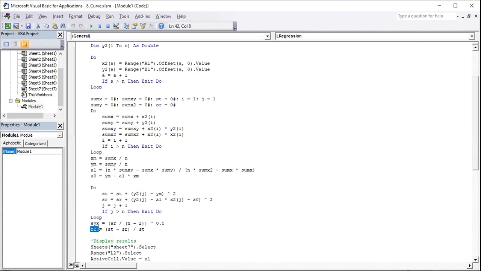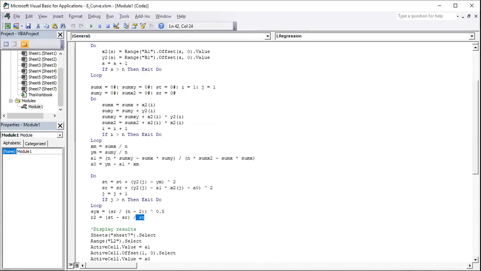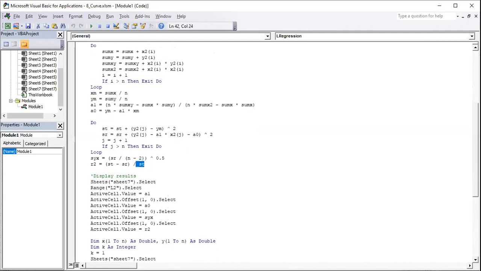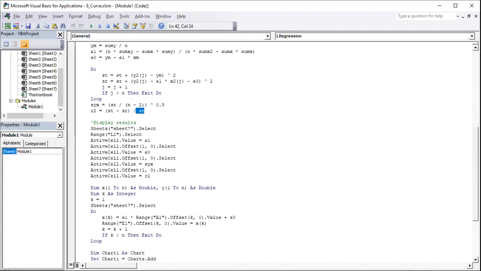Then to calculate the regression coefficient, it is simply ST minus SR divided by ST. So this is the code to calculate the linear regression.